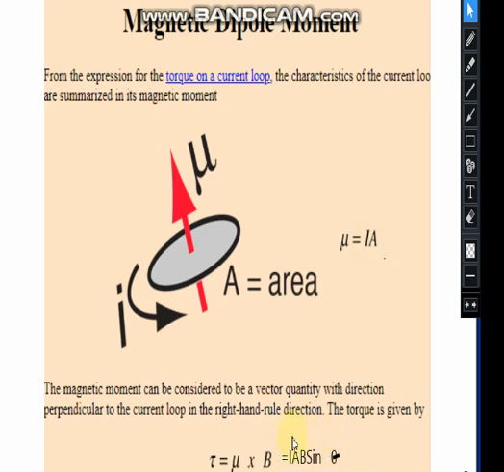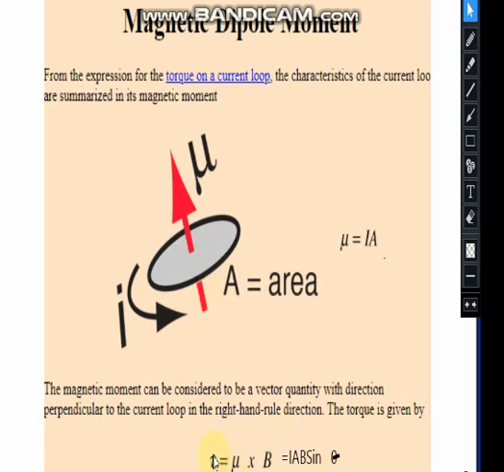Just go back to your last topic and confirm that the torque acting on the rectangular current loop was also the same, that is IAB sine of theta, where theta was the angle between the normal to the loop and the magnetic field B in which that current loop was placed. The only difference is that that loop was rectangular in shape and here we are having a circular loop.